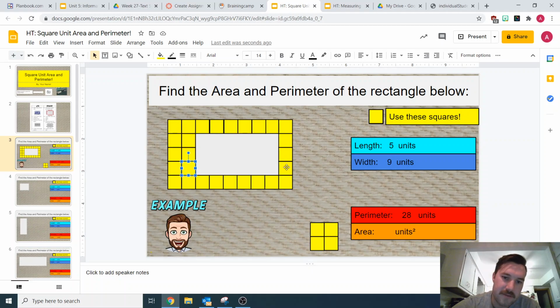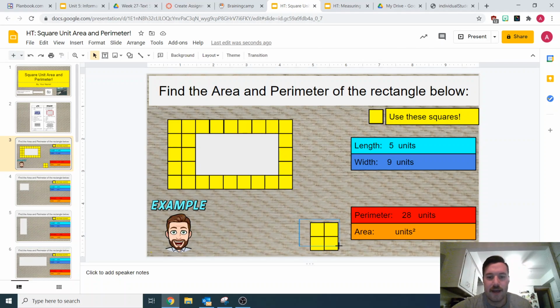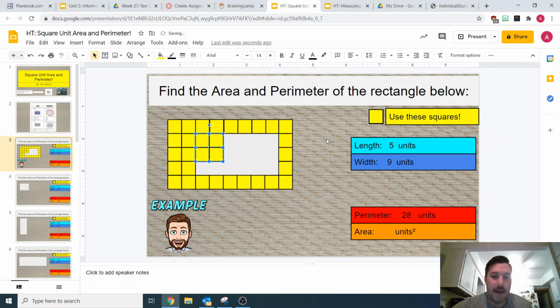Or 9 plus 5 plus 9 plus 5 is 28. You could add up all the sides, or you could simply count. It's really up to you and what you prefer. Eventually, we are going to be moving away from using the squares to find our perimeter, but that doesn't mean that you can't do it.